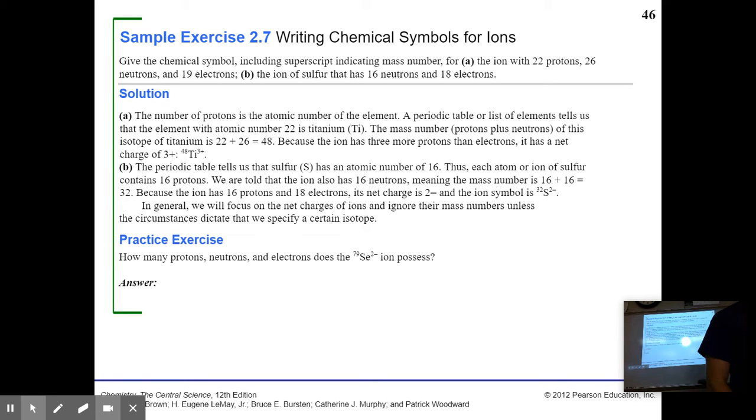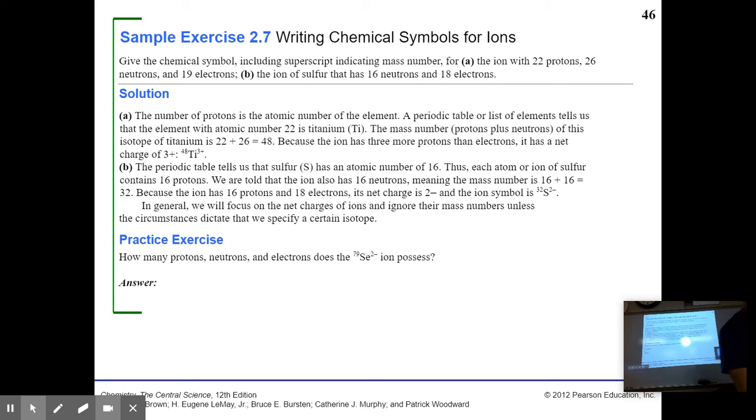Is it the 47.86? That's what's on the periodic table, but for this particular ion... Is it the atomic number plus the protons? Well, atomic number is protons. Atomic number plus something that rhymes with neutron. Neutrons, yes. The atomic number plus neutrons gives you the mass number.